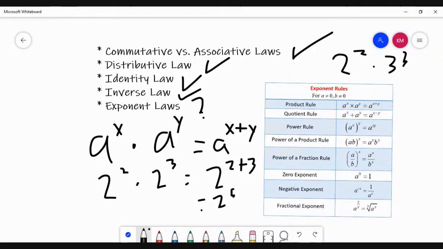Why? Because they do not have the same base. In order for you to do these rules, you must have the same base for the product and the quotient rule.